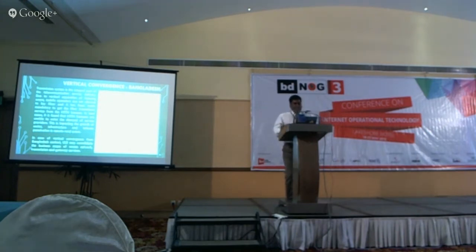So let's come back to the convergences. We may have two different kinds of convergences for the Bangladesh case. We can go for a vertical convergence, and later on I will show the horizontal convergence. In this particular box, just try to follow this one: the infrastructure company, the NTTN, and the ANS. These are vertically dependent on each other.